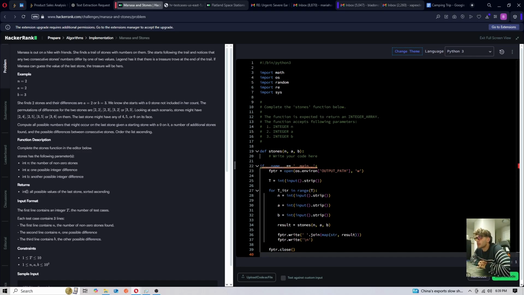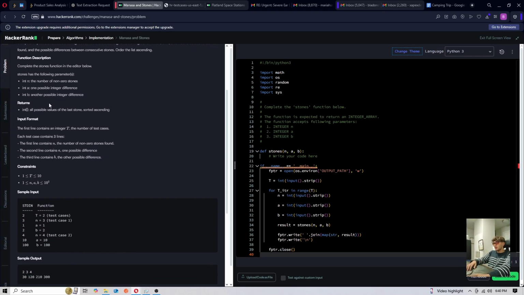She starts with a 0 stone not included in her count. The permutations of differences for the two stones are 2, 2, 2, 3, 3, 2, or 3, 3. Yeah, that's pretty standard. Looking at each scenario, it seems they start with a 0 and a 2, and I'm assuming that's what the N is here.